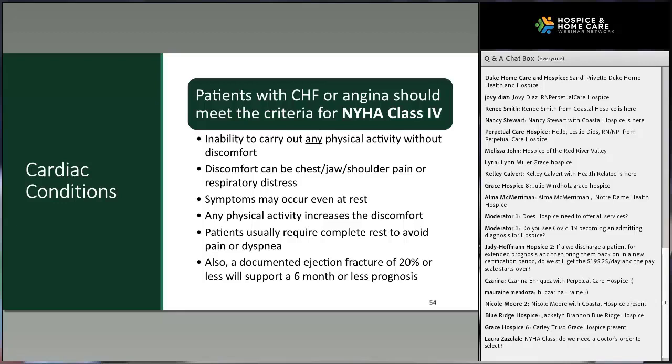It's important to continually address that in your visit notes with any cardiac condition patients, if there's a change in that. Maybe they're having more angina that's not relieved with medication, so it's important to do that. Symptoms might even be occurring at rest. Angina frequently occurs on any type of activity, but now they're having that at rest.